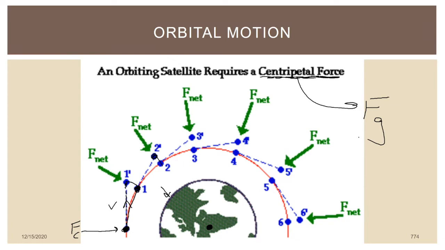The reason is that whenever you have an object orbiting around the Earth, the force of gravity is always directed toward the center of the Earth, and that force also happens to be directed toward the center of the circle. And that's what makes it a centripetal force. So we'll just write here Fg always toward Earth's center, and in parentheses, that's the circle's center.